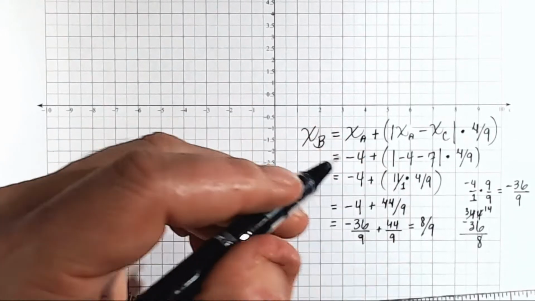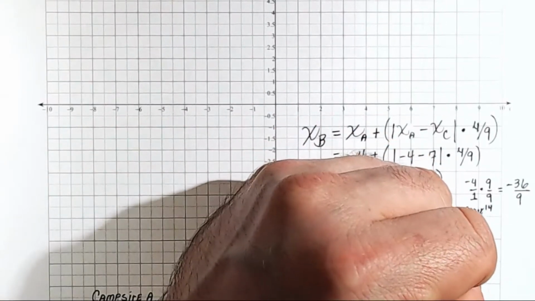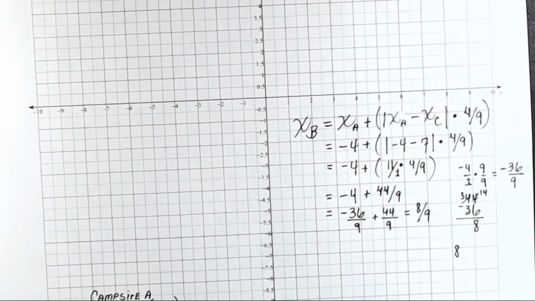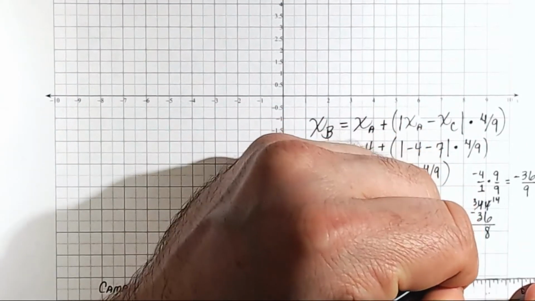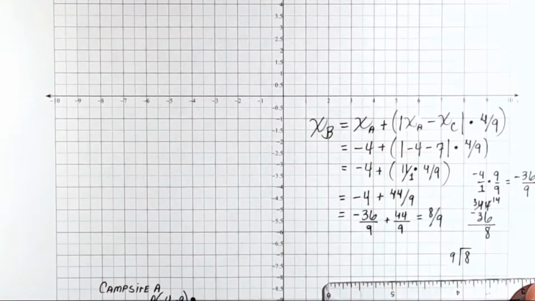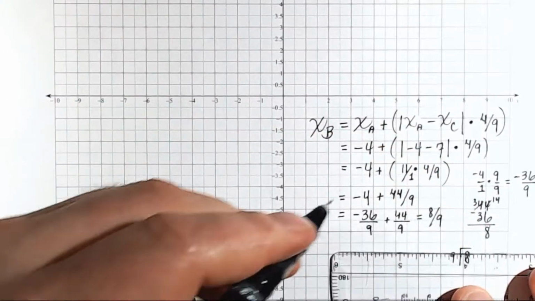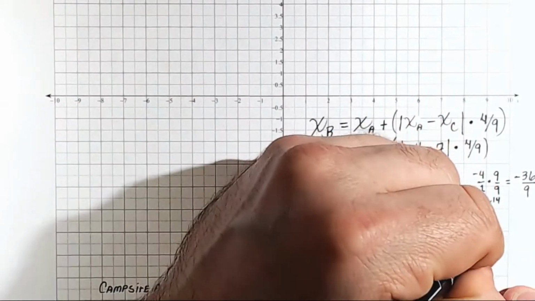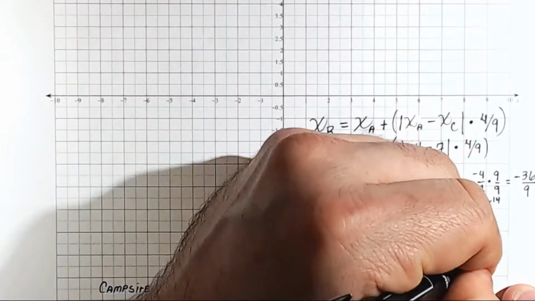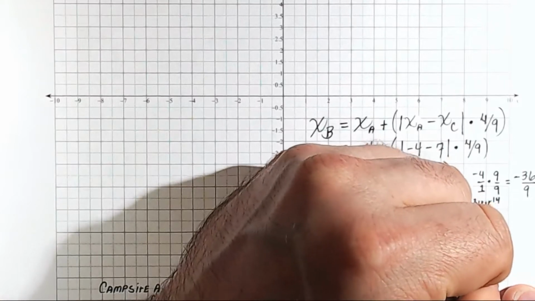Well, let's see what we can get when we do a division here. 8 divided by 9. Well, right away I can't put 9 into 8, so I've got to put a decimal, so it's less than 1. Put a decimal and say, well, how about 80?